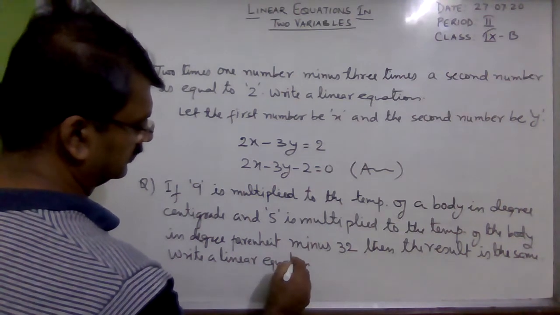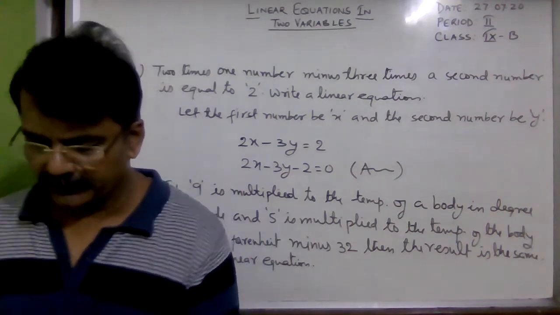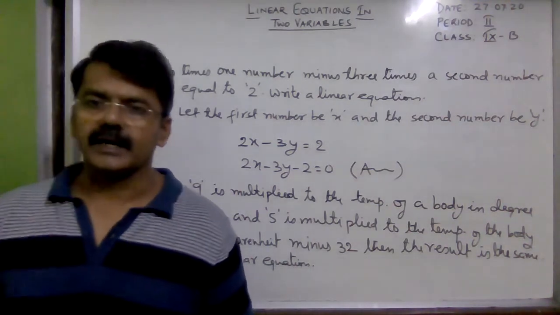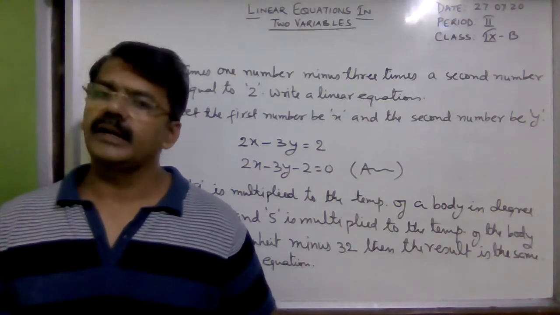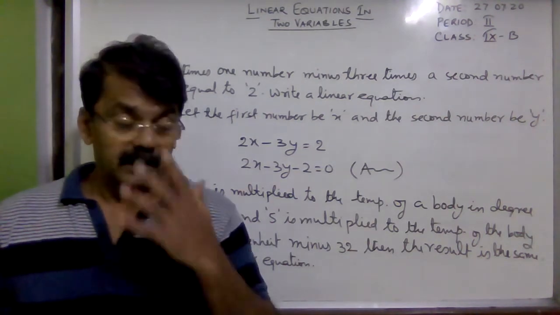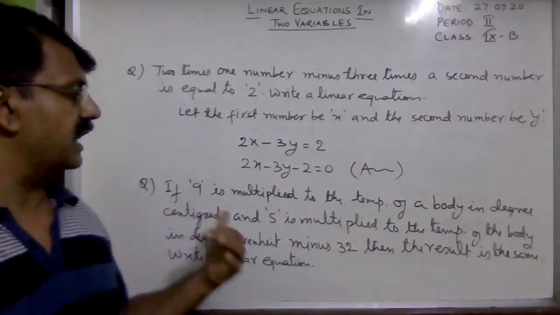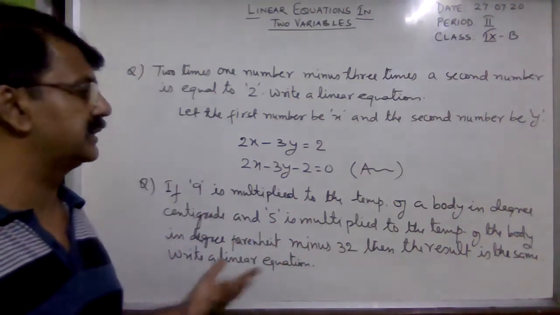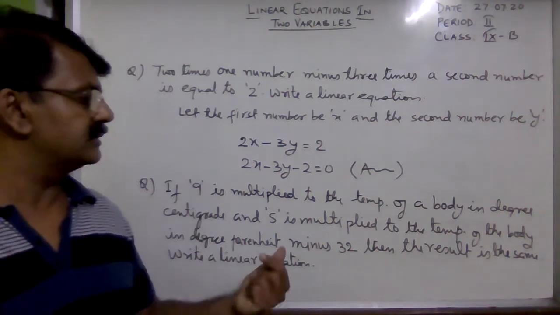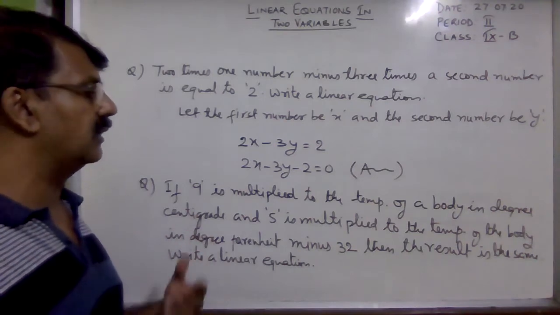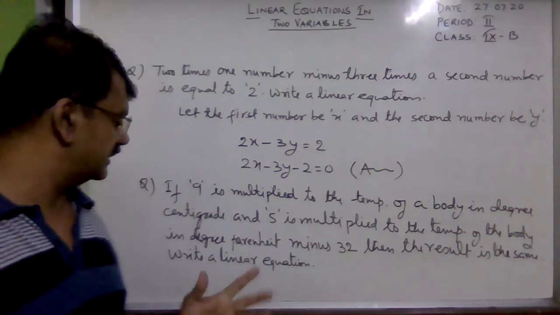You know that the temperature of a body can be measured in degree Celsius or in degree Fahrenheit or in Kelvin. Now the question says, if 9 is multiplied to the temperature of a body in degree centigrade and 5 is multiplied to the temperature of the body in degree Fahrenheit minus 32, then the result is the same.